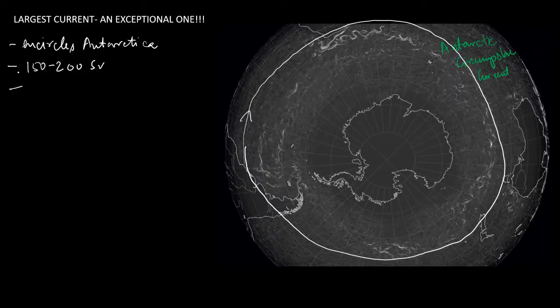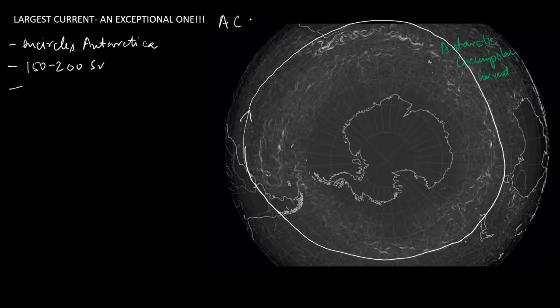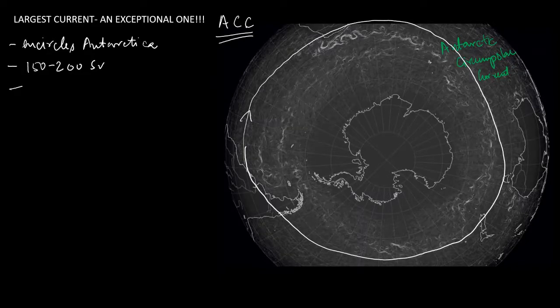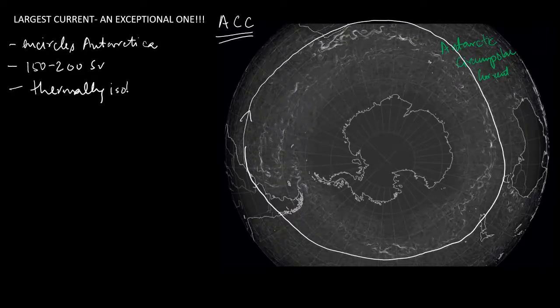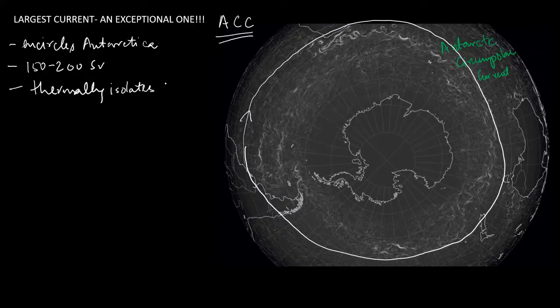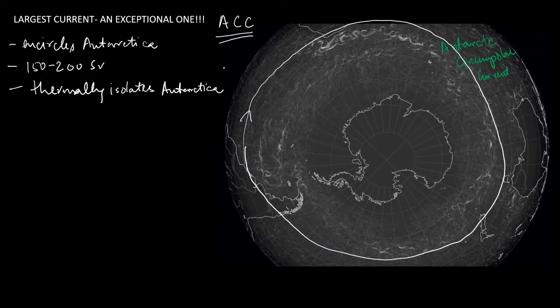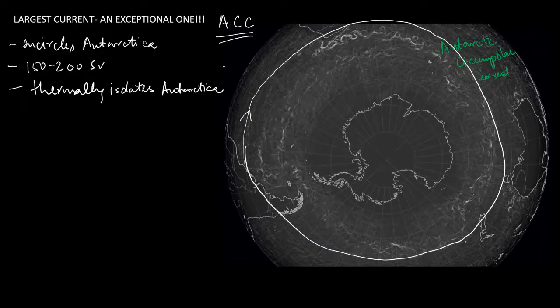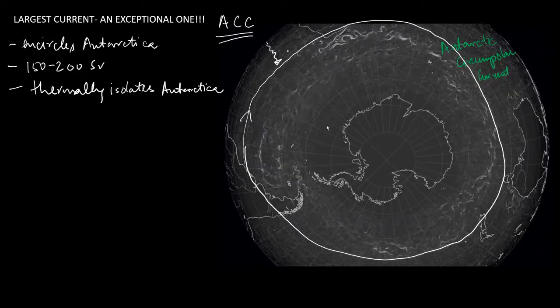So we can say that the Antarctic Circumpolar Current, the largest current, the ACC, thermally isolates Antarctica. What does it mean? It means that this current does not allow the warm water from tropical latitudes to come near Antarctica.